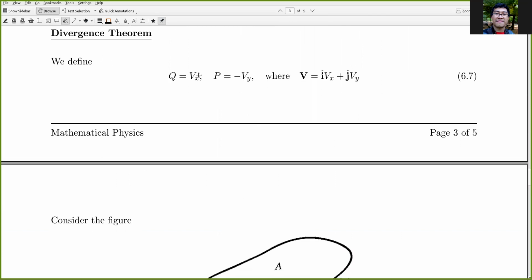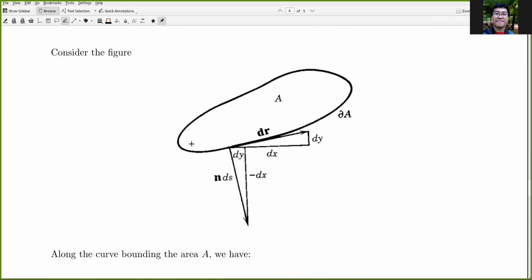Now let us define Q as Vx and P as negative Vy, such that the vector V is i Vx plus j Vy. Let's consider this figure. When we integrate some function over this area, we can make use of the vector dr, the position vector with components dx and dy.